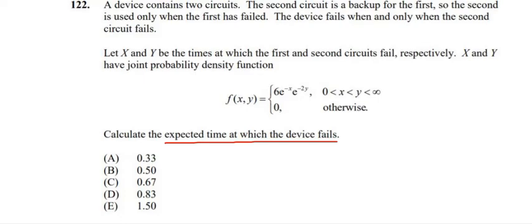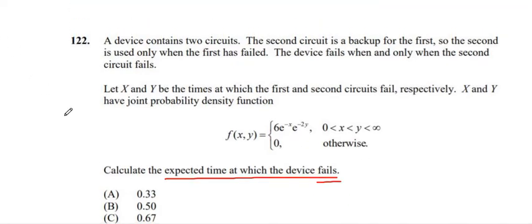Let's check when the device fails. It says the device fails when and only when the second circuit fails. The second is for y, so we want to find E[Y].